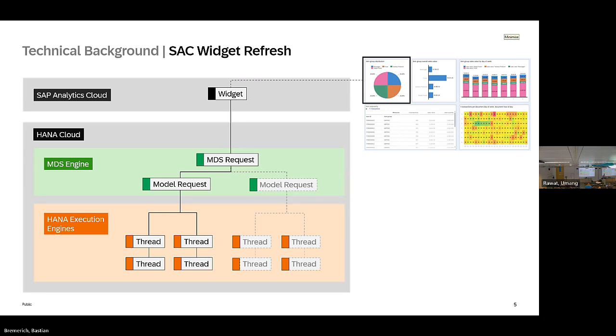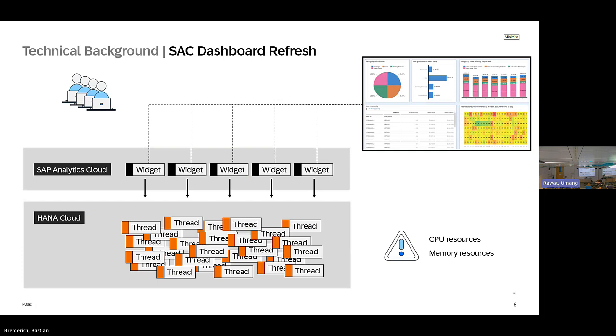And usually we don't have just a single widget in such a dashboard, in such a story, but a whole lot of them. And an action by an end user, a navigation step, usually refreshes most, if not all, of the widgets. So we have multiple MDS requests being executed on the database, which consumes even more resources. They're all executed in parallel. They all consume CPU and memory.